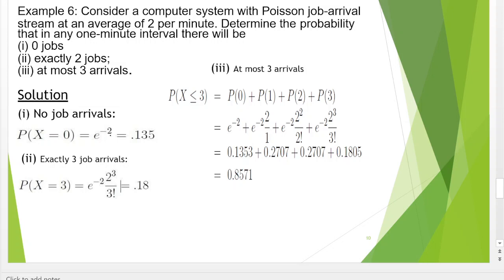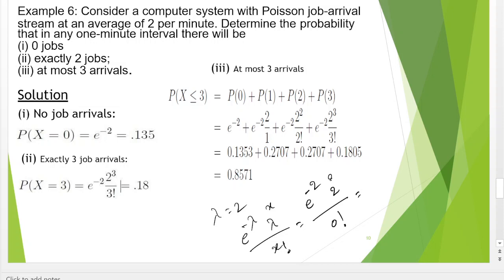Then substitute the values in the given question. Lambda is equal to 2. The probability mass function of the Poisson distribution is e power minus lambda, lambda power x divided by x factorial. Here x is 0, so e power minus 2, 2 power 0 divided by 0 factorial.